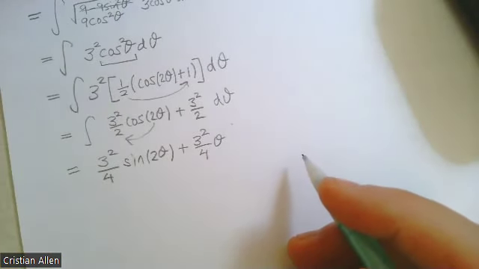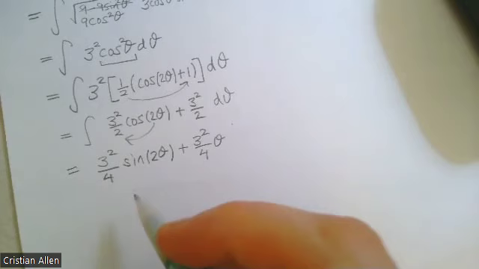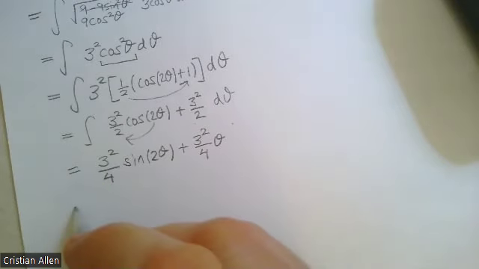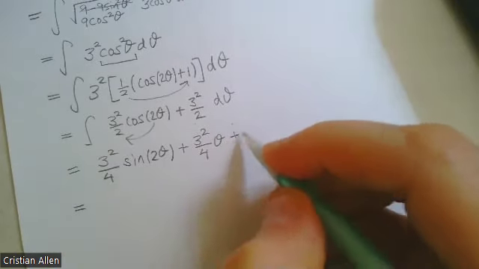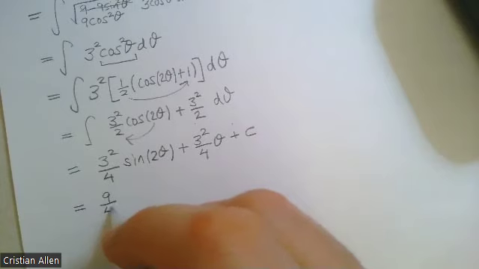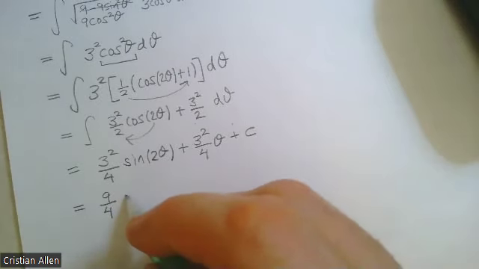I was looking for the limits, but we don't have any. Okay, now, the thing is that we don't usually want to leave a double angle in the answer. So since we are gearing up for an answer here, let's go ahead and make this 9. It doesn't look like it's going to simplify.